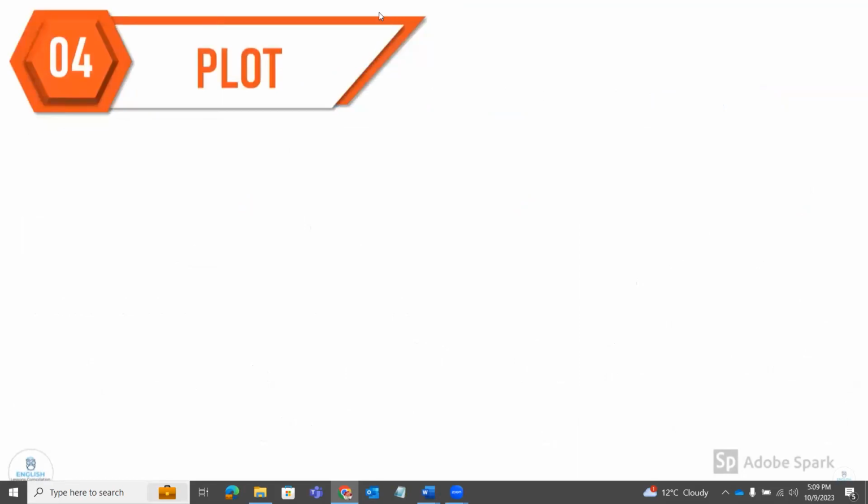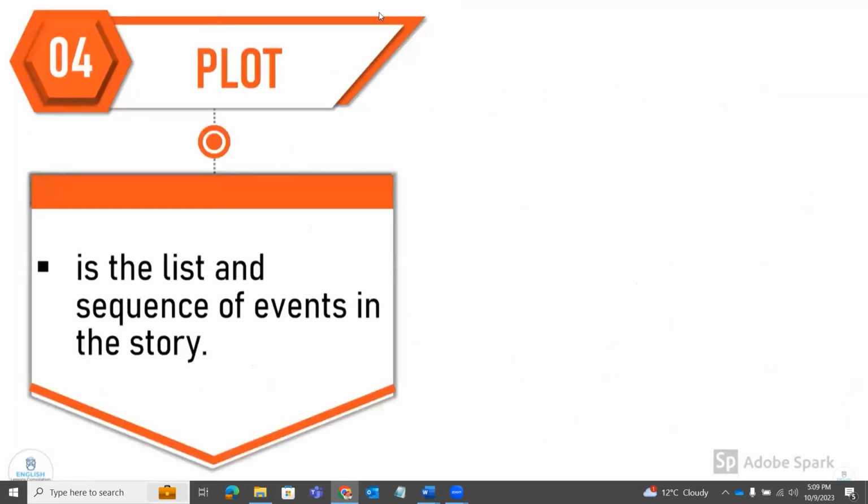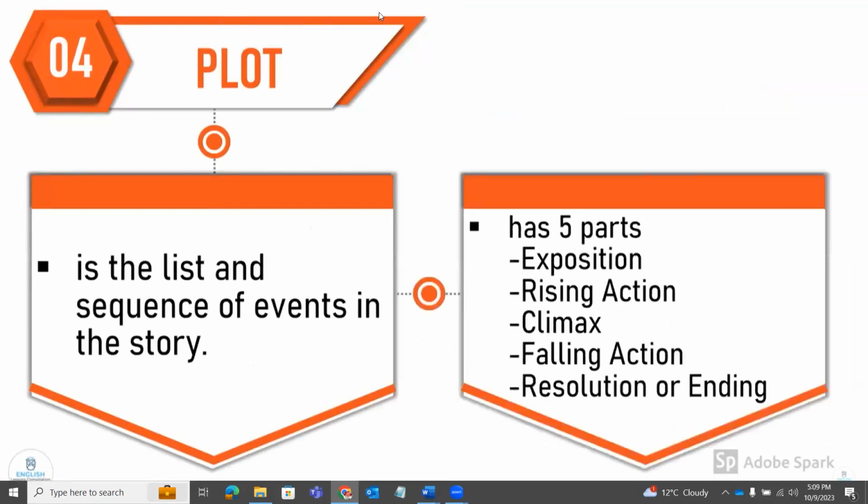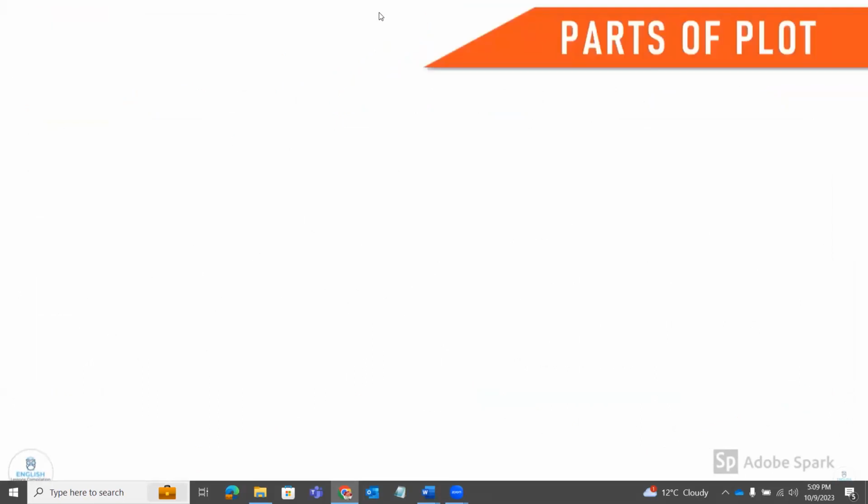Let's now have the plot. Plot is the list and sequence of events in the story. It has 5 parts, which are exposition, rising action, climax, falling action, resolution, or ending. Let's now familiarize the parts of a plot.